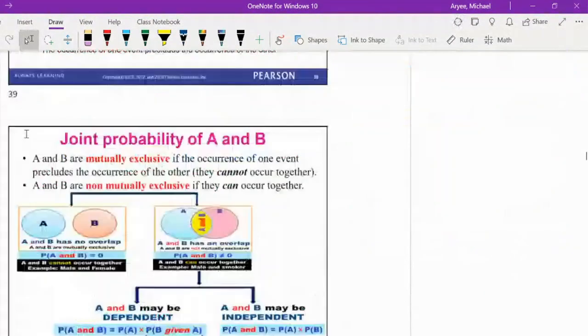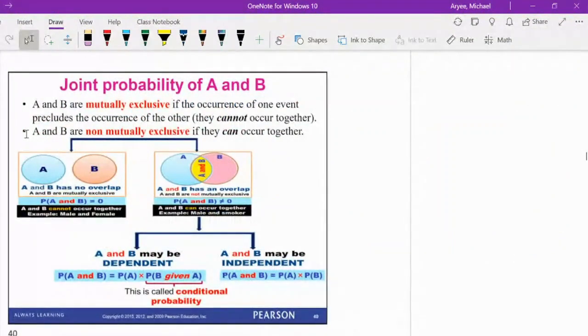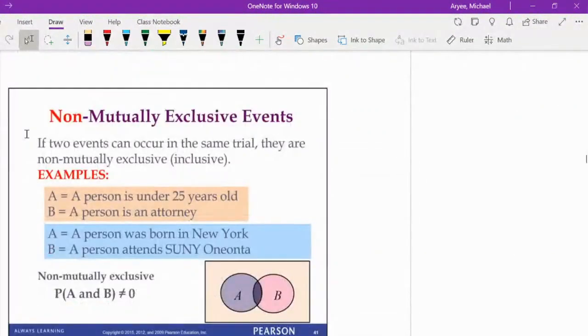All right, so today we are going to focus on non-mutually exclusive events. All right, so we are looking at non-mutually exclusive events.